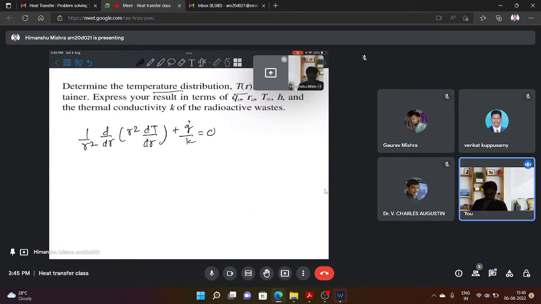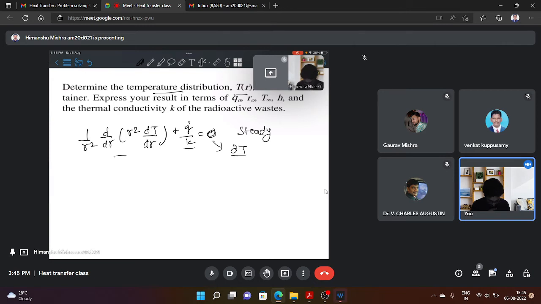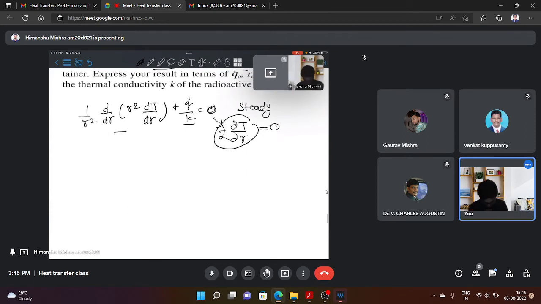So this is my one-dimensional equation with heat generation. Of course, the equation is steady because there is no time dependence. Otherwise, on the RHS we would get some term like dou T by dou t or 1 by alpha, but this term is zero in this problem.